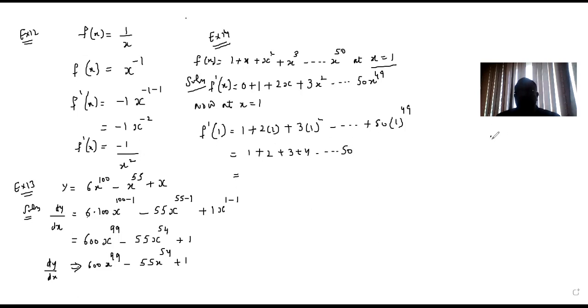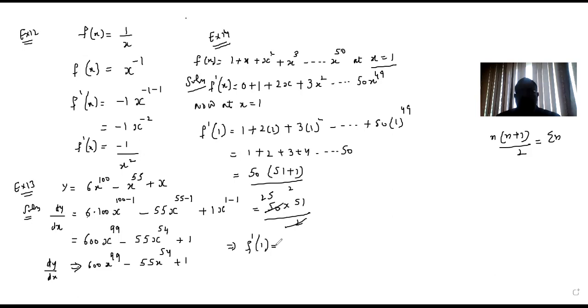We did the formula in AP, n into n plus 1 over 2. This is the sum of n terms. So this is 50 into 50 plus 1 upon 2, which is 51 upon 2, this is 25. So f dash 1 is 25 into 51. After multiplication, this is your final answer.